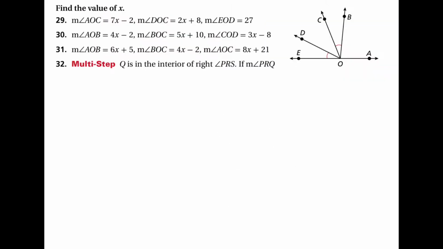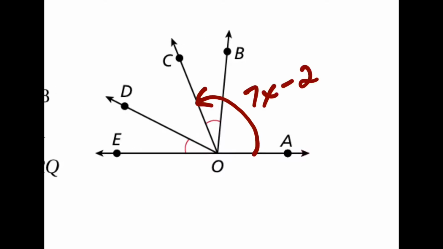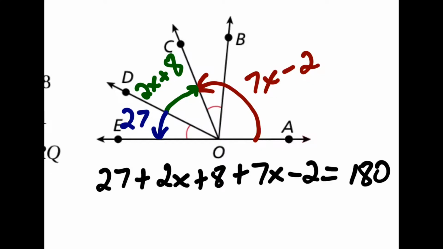For 29, we're to find the value of x using this diagram. We're told the measure of angle AOC is 7x minus 2. DOC is 2x plus 8. And EOD is 27. What you hopefully notice is that we're looking at a straight angle. That means if we add together all three of these pieces, we get 180.